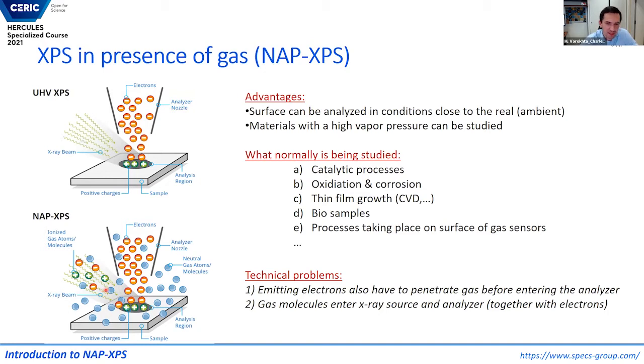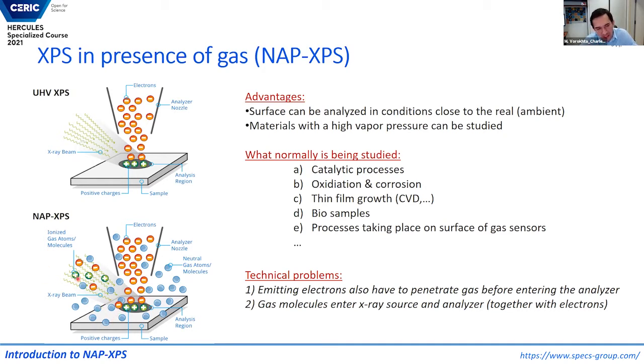First is that the beam, as I said, has to penetrate gas, and in different cases it can have different problems. For example, if you would like to have very low photon energies, just some 100 eV higher than the binding energy of the electron inside, then you have electrons with low kinetic energy, so you are in this most surface sensitive mode.